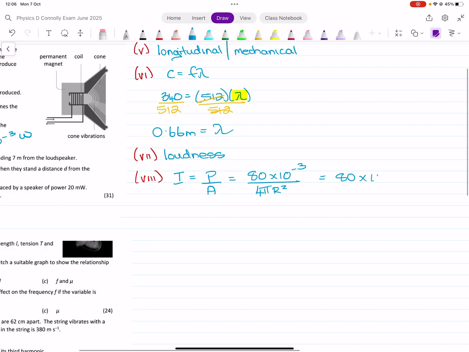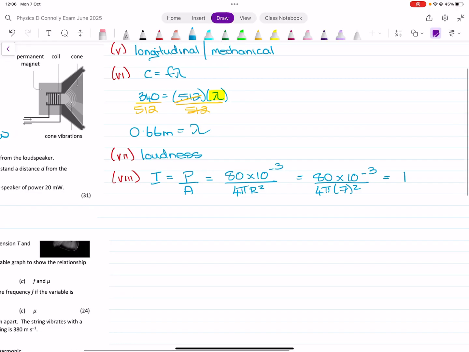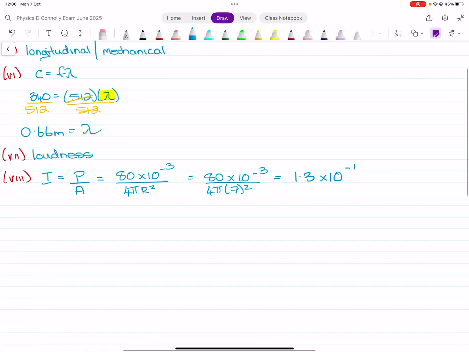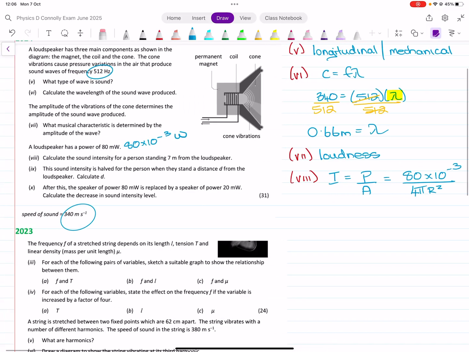So it's 80 by 10 to the minus 3 over 4 pi 7 squared. And that is 1.3 by 10 to the minus 4. So you remember we did these numbers are always really awkward, the watts per meter squared numbers.